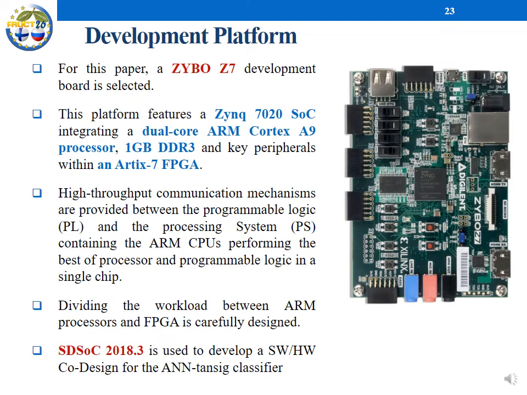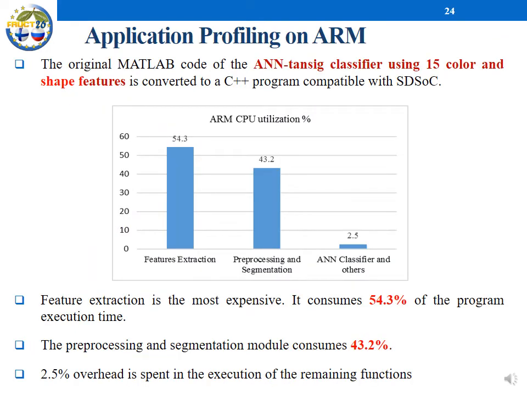SDSoC 2018.3 is used to develop a software-hardware co-design for the ANN Tansig. Application profiling on ARM: the original MATLAB code of the ANN Tansig classifier using 15 color and shape features is converted to a C++ program compatible with SDSoC.